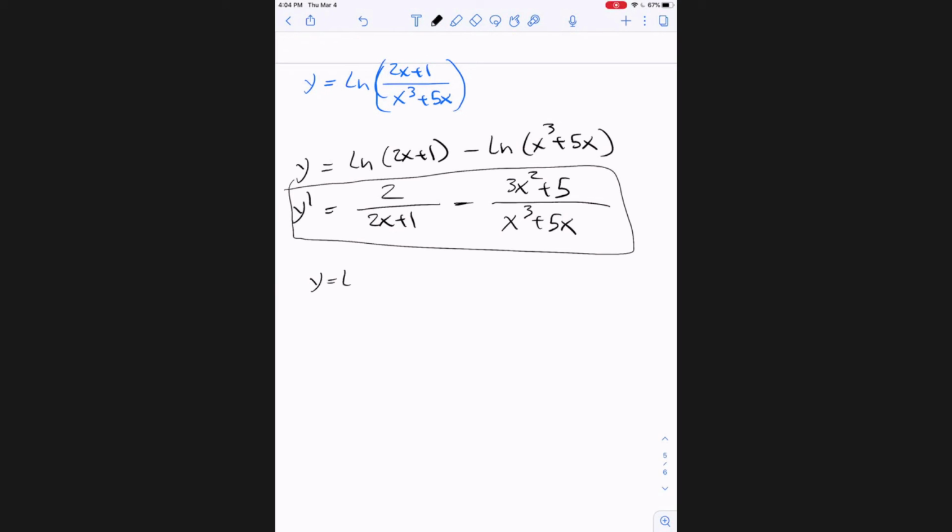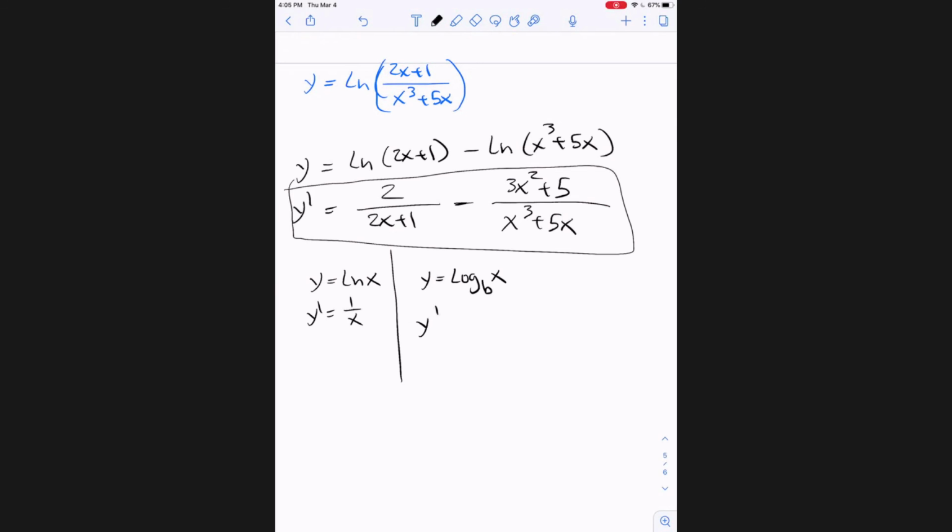So we know the derivative of y equals natural log of x is 1 over x. Now, what about y equals some other log base b of x, where b could be some other number, because natural log, that's base e. Base b could be like any other number, like 2, 3, 4, 5, whatever.